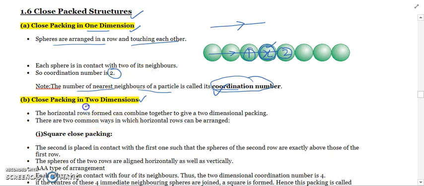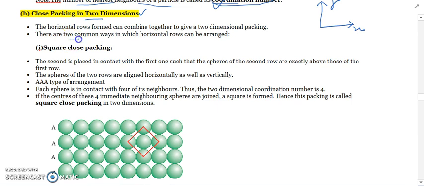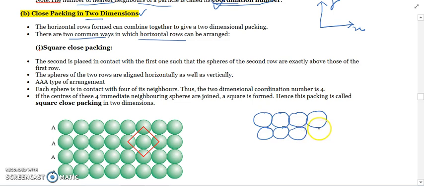Therefore, the coordination number is 2. Now, two dimensions. In two dimensions, spheres are arranged along both axes, x-axis and y-axis. Now there are two common ways in which horizontal rows can be arranged. The first row can be arranged like one dimensional. These are spheres, third sphere and fourth sphere. Now how are the next rows arranged? There are two ways. First way is just one above the other.